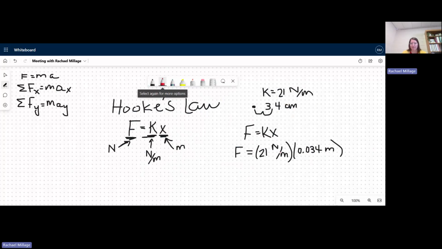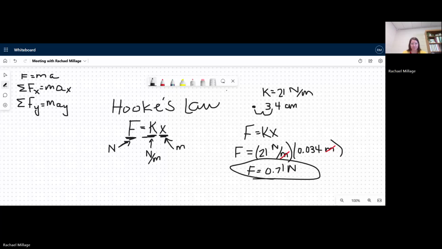You'll notice that I have meters on the bottom and meters on the top, so those meters cancel out and give me units of newtons, which is exactly what I would want for a force. And so then I'll do 21 times 0.034, and my force is going to be equal to 0.71 newtons. That's my answer.